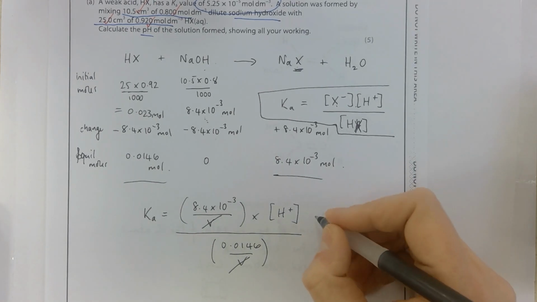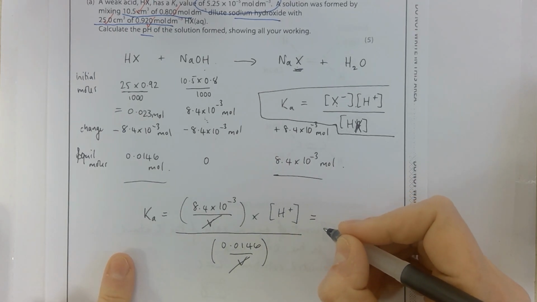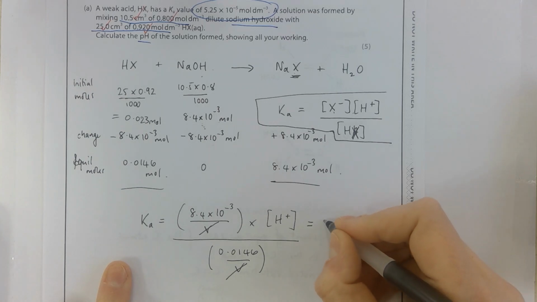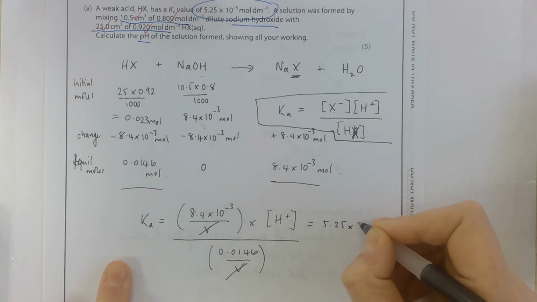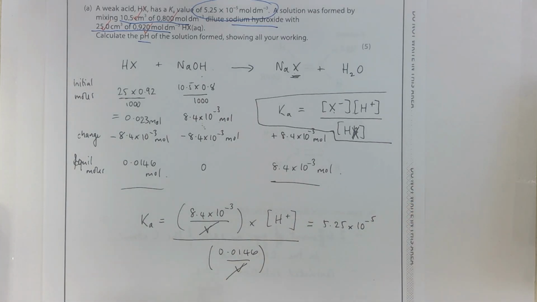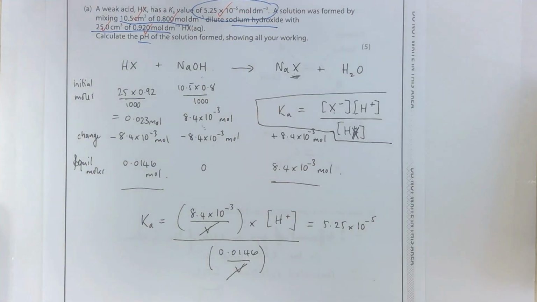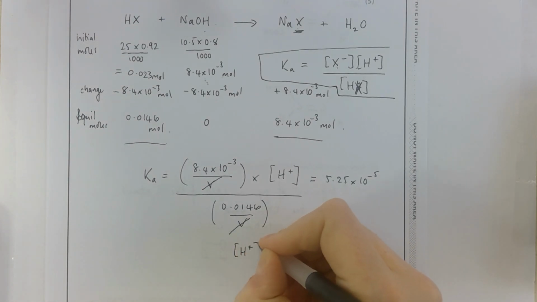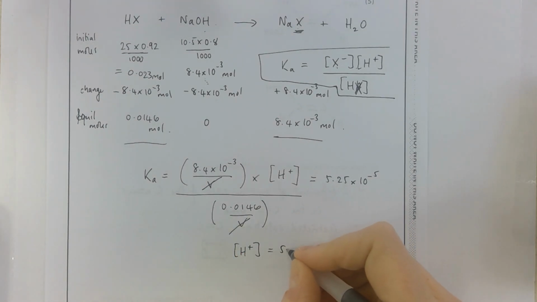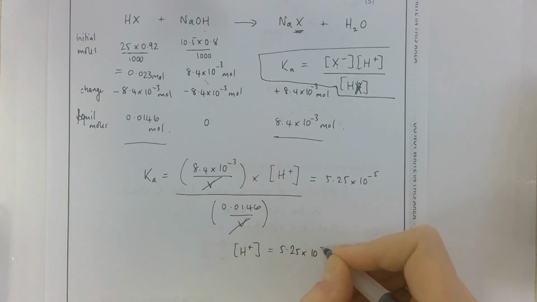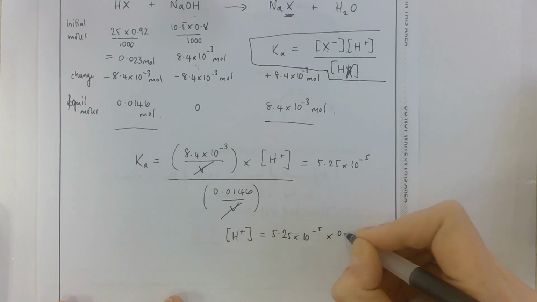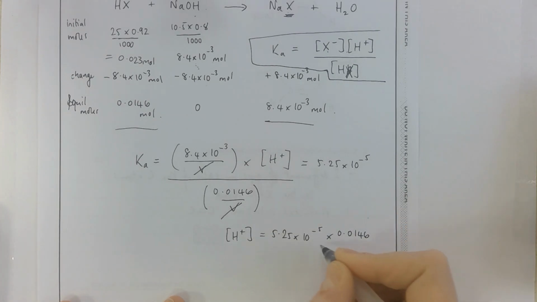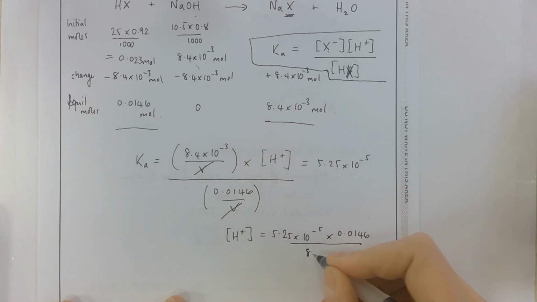And now I'm going to rearrange. I've got the value for Ka, 5.25 times 10 to the minus 5. So I can tick off another piece of information that I've used. And I'm going to rearrange to get concentration of H plus. So concentration of H plus equals 5.25 times 10 to the minus 5 multiplied by 0.0146 divided by 8.4 times 10 to the minus 3.